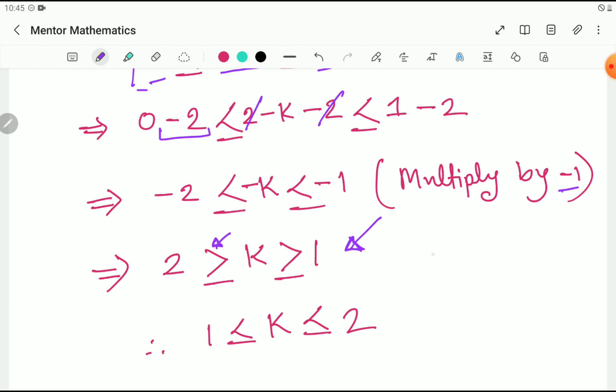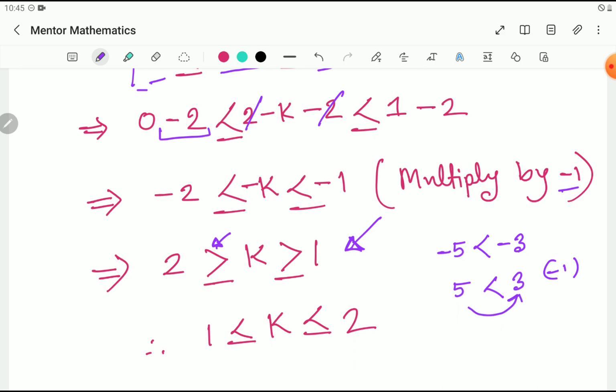Why did it happen? Let's take an example. -5 is less than -3, right? But if we multiply by -1, what it becomes? 5, 3. So is it true? Is 3 greater than 5?